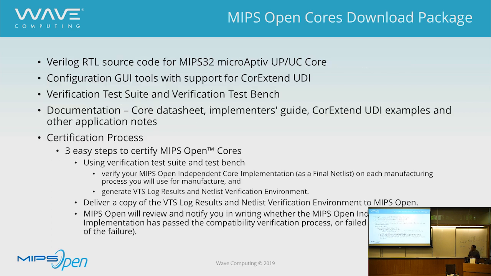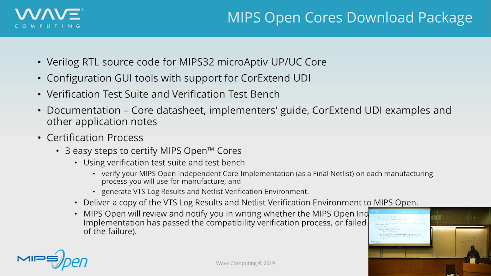The MIPS Open Cores, again, is a complete package. It's a production-ready package. What this means is it has shipped in millions of devices, in low embedded devices and microcontroller devices. The package will include the actual Verilog source RTL code, so anybody can take this core and build their own system on chip right away.